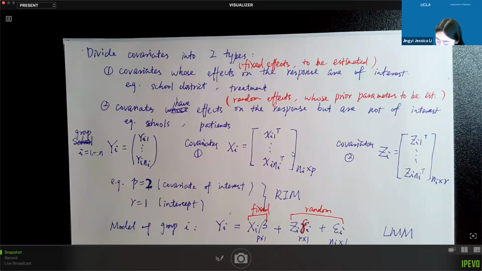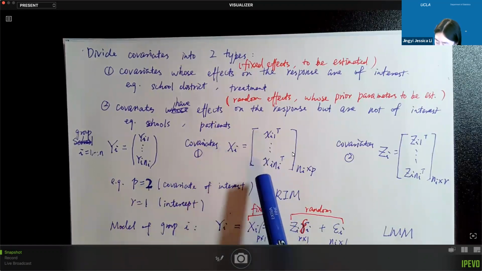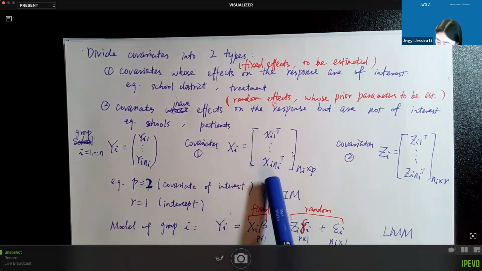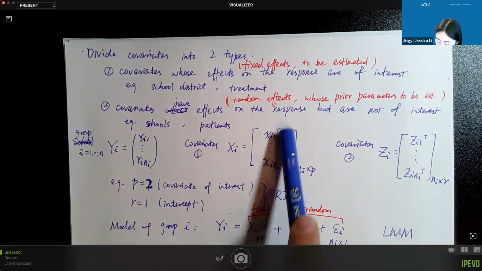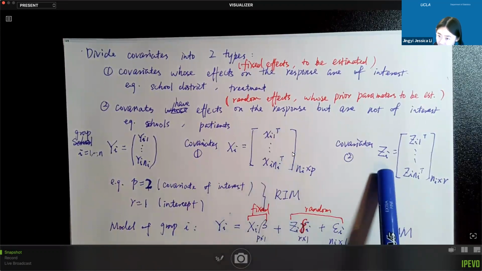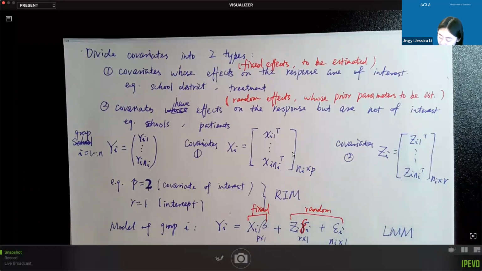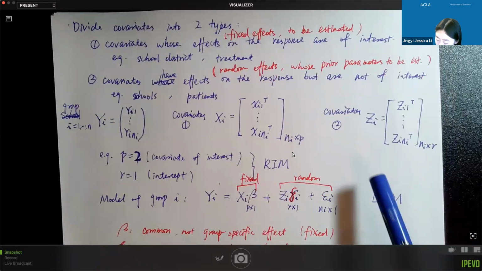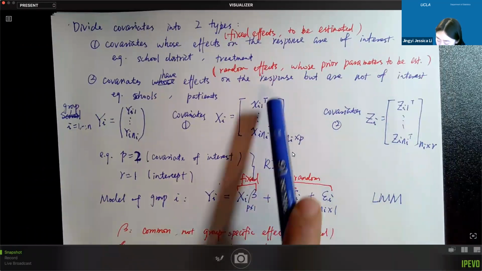So back to that school example, basically here our covariates will include, for the fixed covariates, the intercept, the common intercept, and the school district indicator. So it will be two columns. For the random covariates, it will be the intercept only. So essentially, you are going to have the covariate for the intercept appear twice.